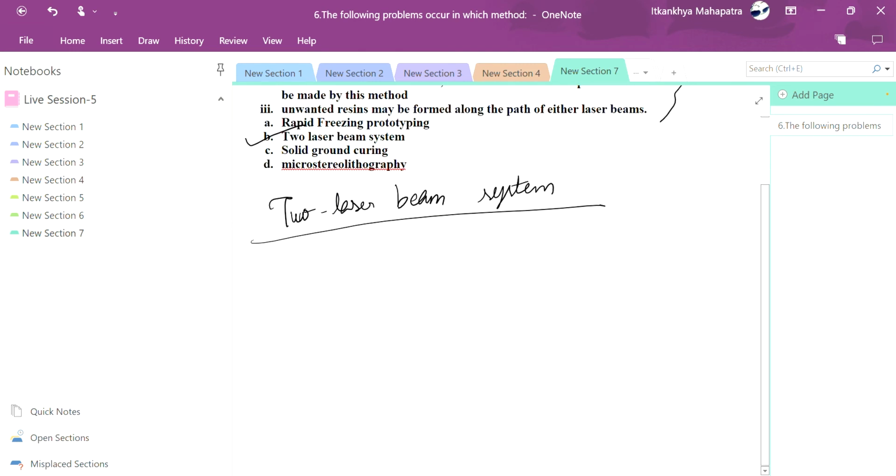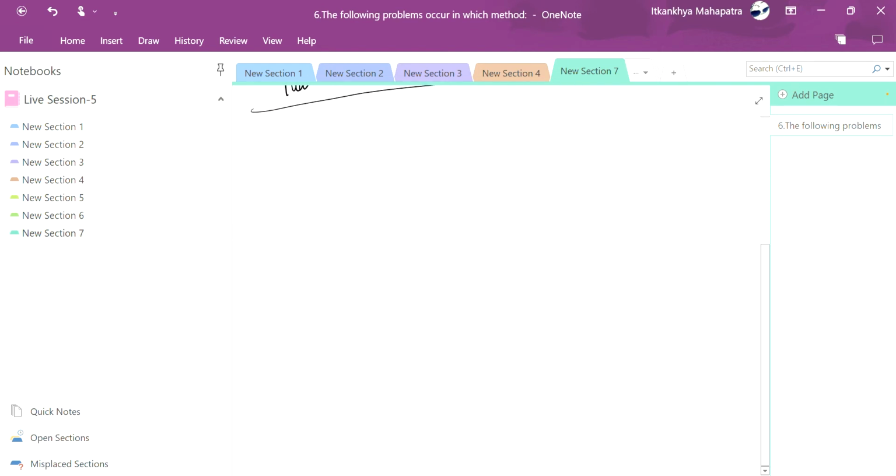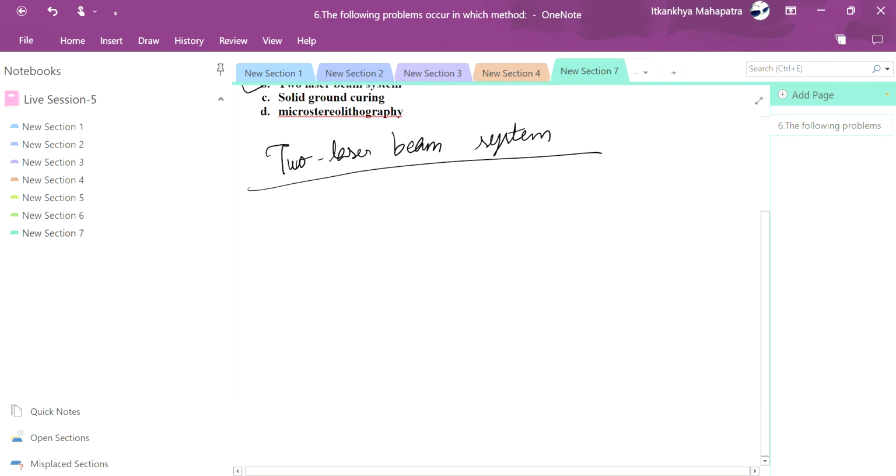So I'll be explaining the two laser beam system. So here, suppose this is the laser.